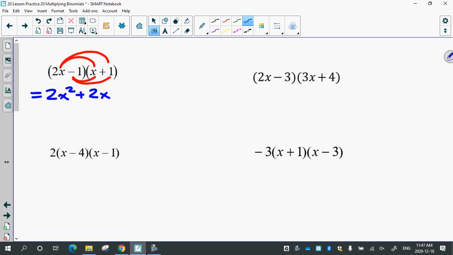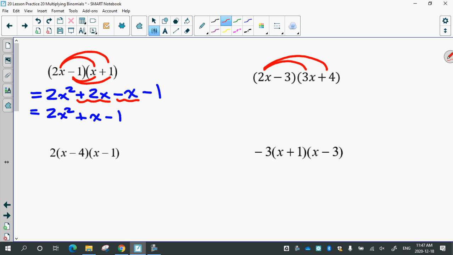Negative 1 times x is negative 1x, or just negative x. Negative 1 times positive 1 is negative 1, so that should have been your first line. And then when you combine the middle terms, because they're like terms, you'd end up getting 2x squared plus x minus 1. Okay?